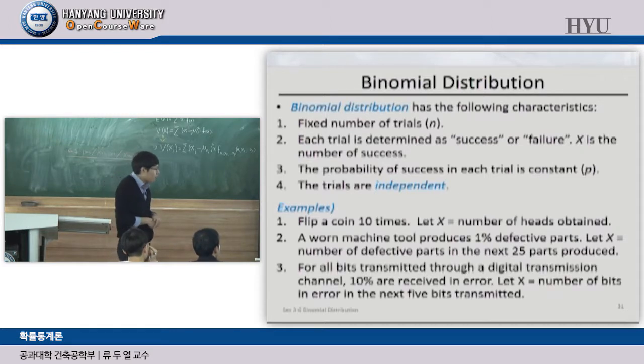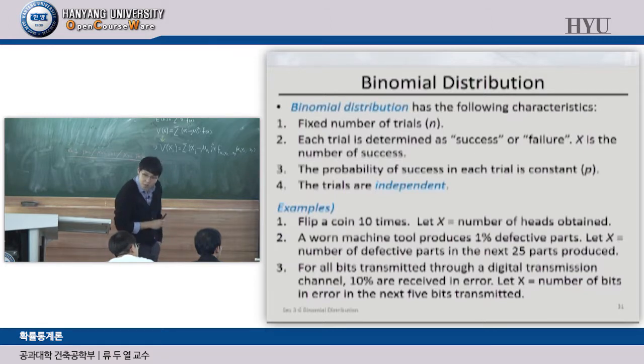And lastly, for all bits transmitted through a digital transmission channel, 10% are received in error. Okay? Let x denote the number of bits in error in the next 5 bits transmitted. Here also, the number of trials is fixed as 5 bits. Okay?